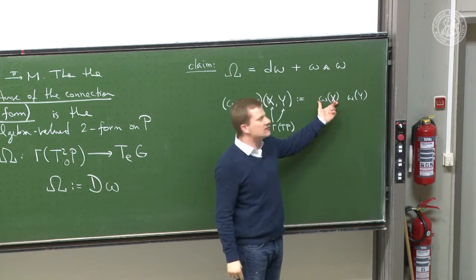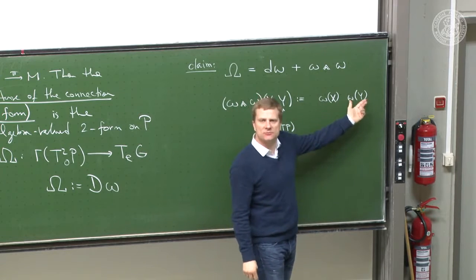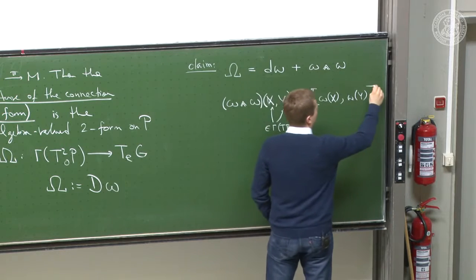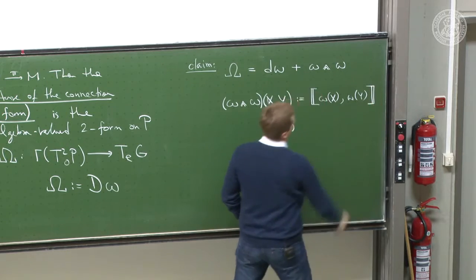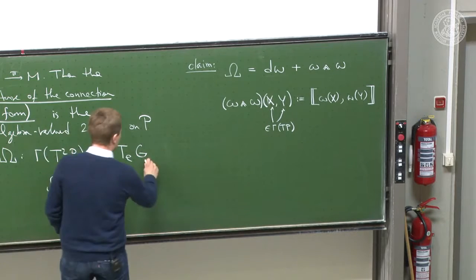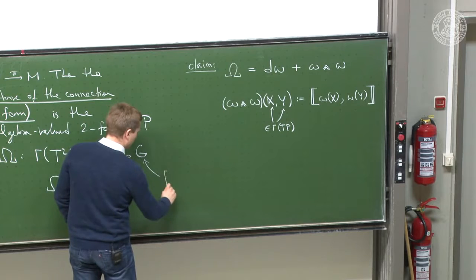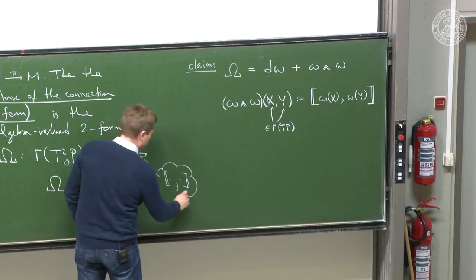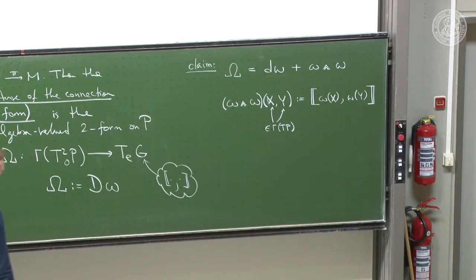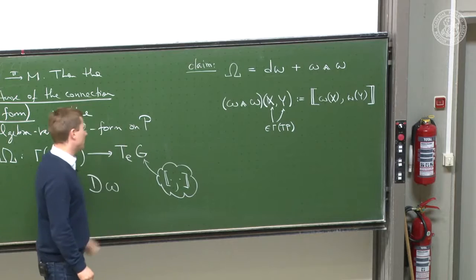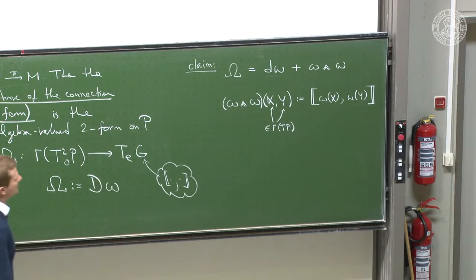What is omega of x? It is a Lie algebra element. That's a Lie algebra element. And the only way I can marry them is to use the Lie algebra bracket. So that's the bracket that lives here on this Lie algebra that we induced there from the differential geometric Lie bracket on the whole group by virtue of the left invariant vector fields, right?